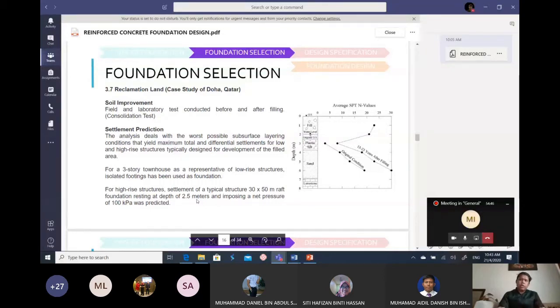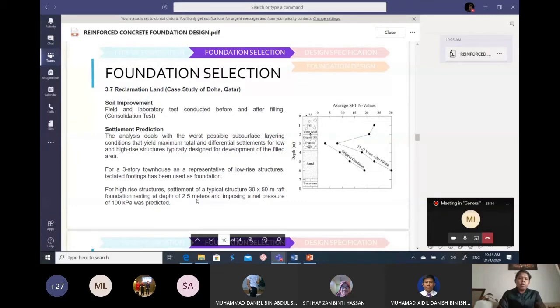Okay, so this is unpredicted element of earth that can change in a few months, in a few days, in a few years. Okay, so we have to study it very well so that it will not cause a problem to our structure.